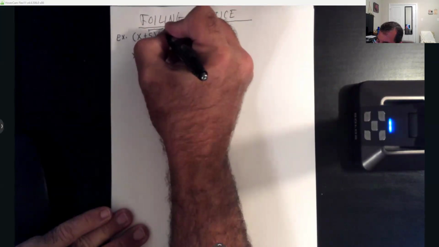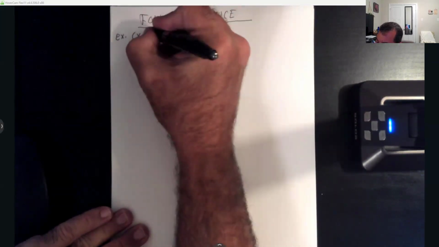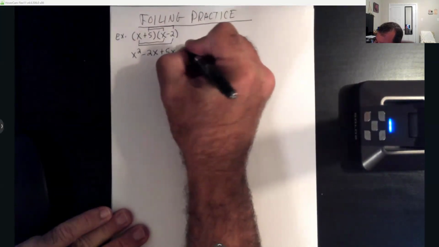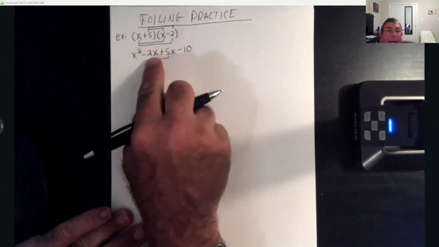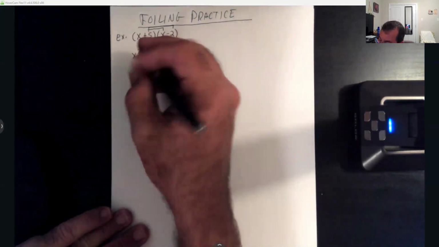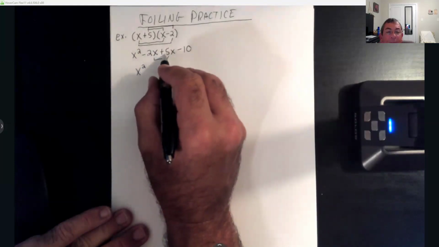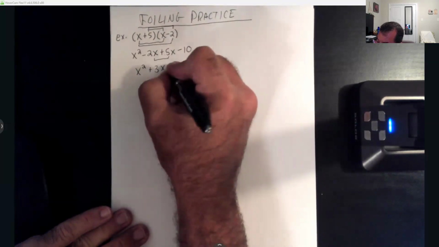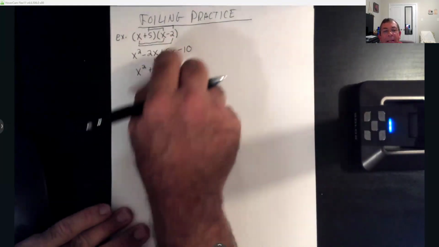I do the 5 times x and get a positive 5x. And then y'all, I do the 5 times negative 2 and get a negative 10. Last step, I would add the like terms. So bring down the x squared. Negative 2 plus 5 gives me 3x and then my minus 10. So this is basic foiling.